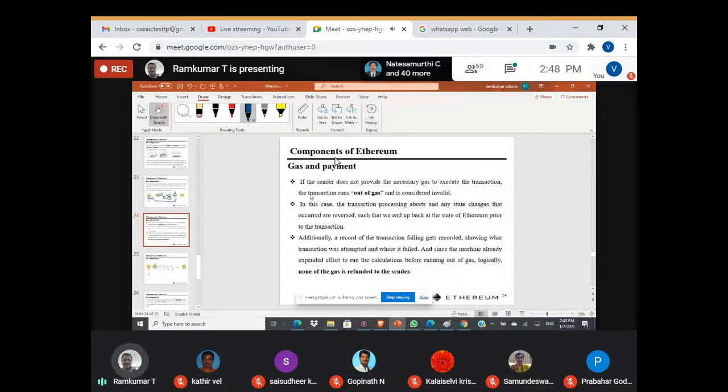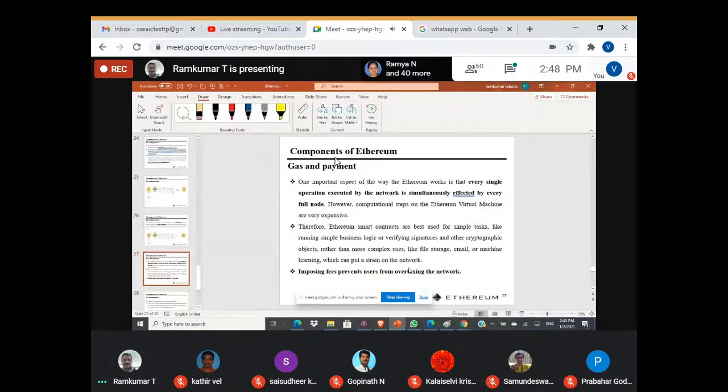In this case, the transaction processing aborts, and any state change that occurred is reversed, such that we end up back at the state of Ethereum prior to this transaction. None of the gas is refunded to the sender, so you won't get anything. This is the gas and payment situation.